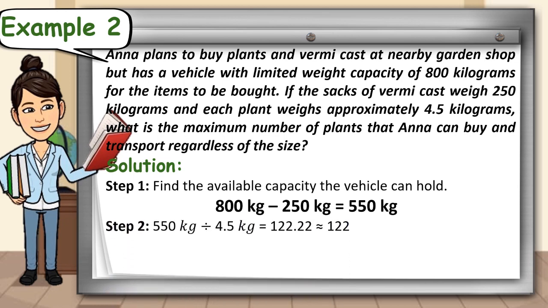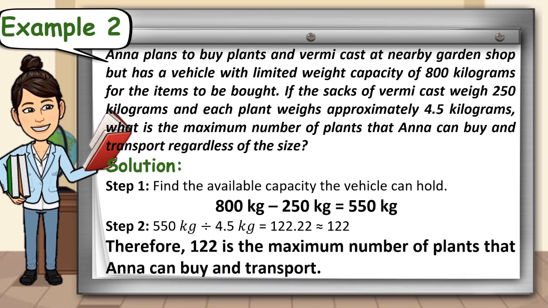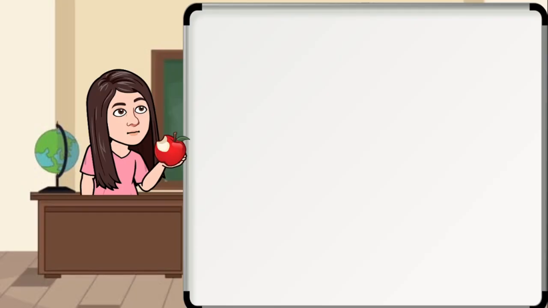Step 2. 550 kilograms divided by 4.5 kilograms, which is the weight of each plant, is equal to 122.22, or approximately 122. Therefore, 122 is the maximum number of plants that Anna can buy and transport.